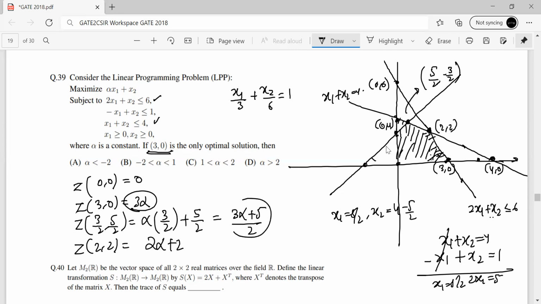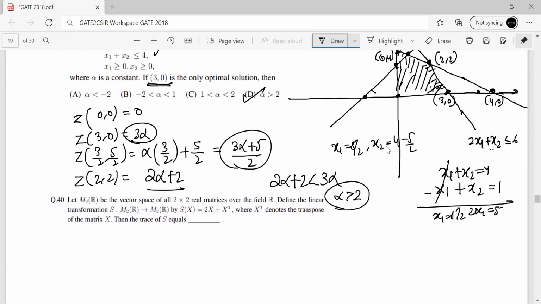So 2 alpha plus 2 is also less than this quantity. So I can take 2 alpha plus 2 is less than 3 alpha, because 3 alpha is optimal at 3 comma 0. Since the problem was to maximize, all of them must be less than 3 alpha. So just take alpha, and you get alpha greater than 2. Okay, option D is correct.